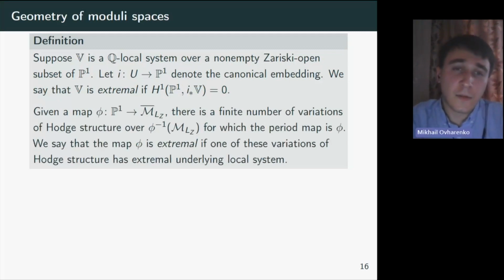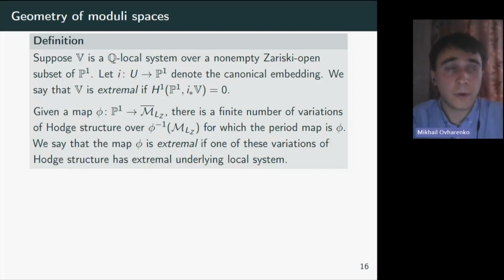And let's consider a map from the projective line to the Baily-Borel compactified moduli space. And there is a finite number of possible variations of Hodge structure over the preimage of the original non-compactified moduli space, for which the period map should be equal to phi. And we would say that the map is extremal if one of these variations of Hodge structure has extremal underlying local system.